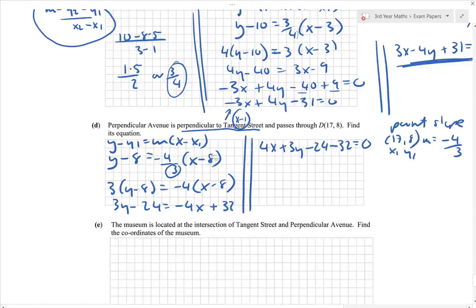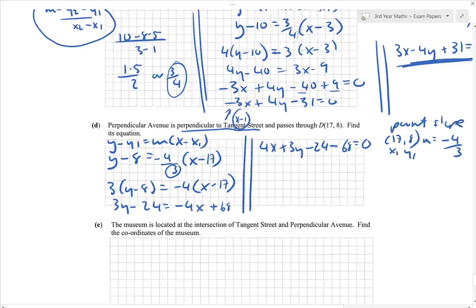Yeah, apologies. This should have been 17 that I put in here. Okay, so then that would have been a minus 68.